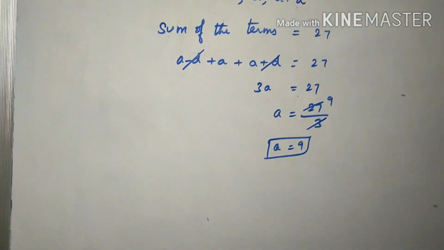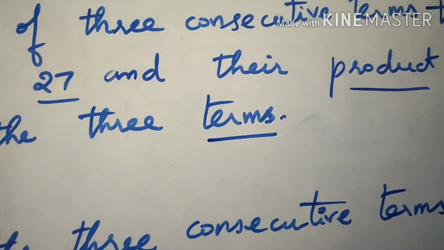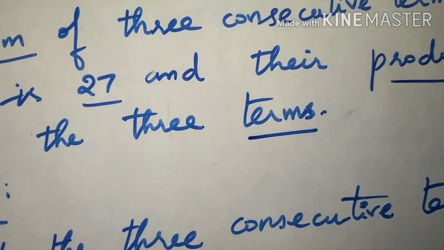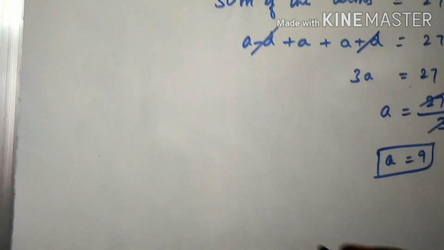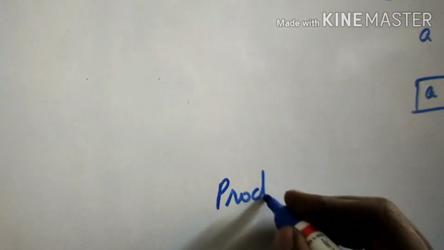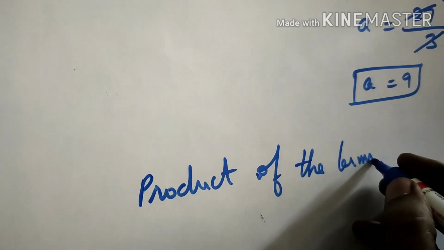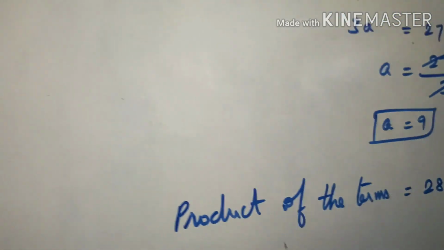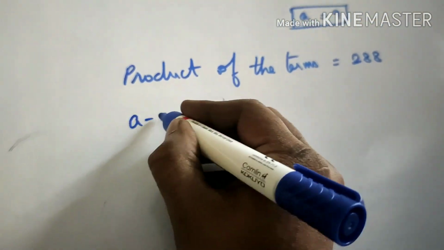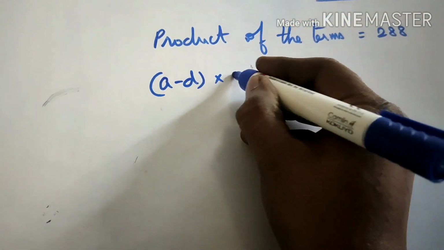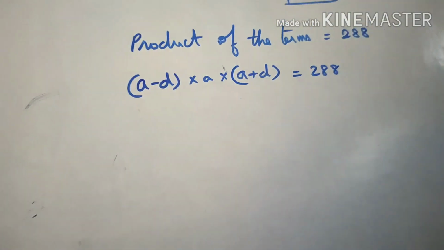Now next we are going to use the other condition. Next condition, product is 288. Their product means the product of the terms. So product of the terms is equal to 288. So you have to multiply A minus D into A into A plus D equal to 288.